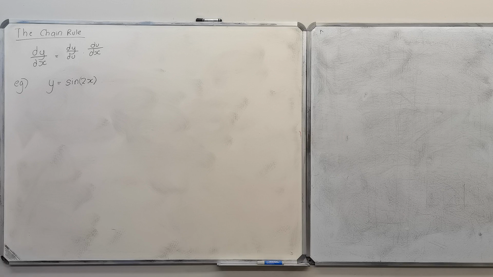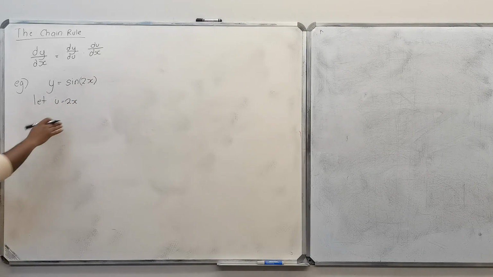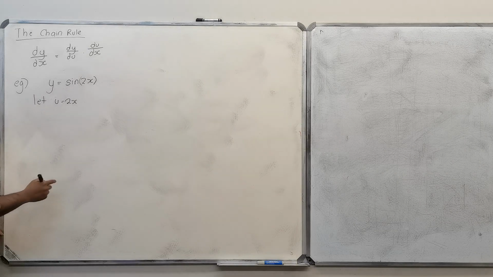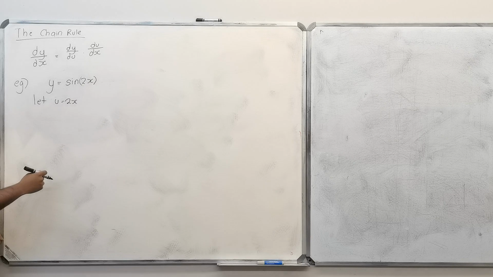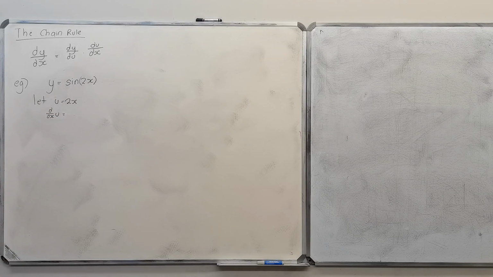So what would you do? Let u equal to 2x. You let u equal to the function that has the independent variable x. Then you derive this. You are deriving u with respect to x, because that's what it means.